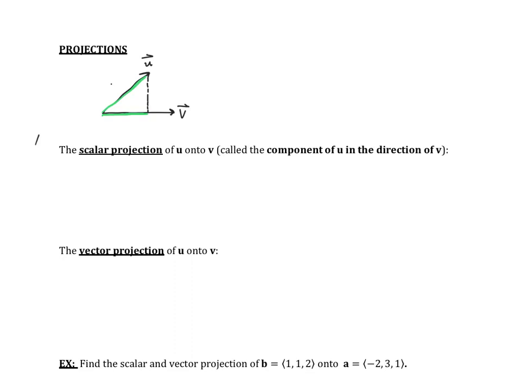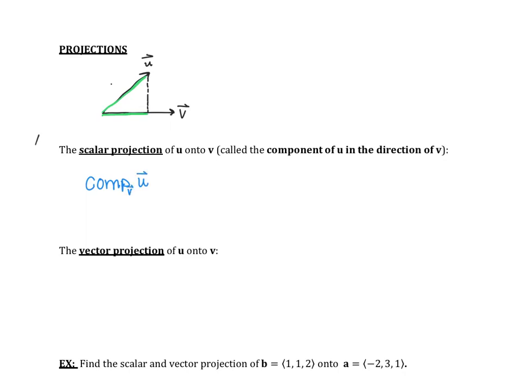Now, when we talk about scalar projection, it's basically the component of u in the direction of v. Keep in mind, component is where it comes from. So when we write the formula for this, we say the component of u in the direction of v.